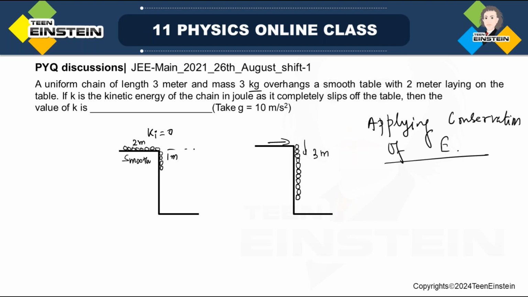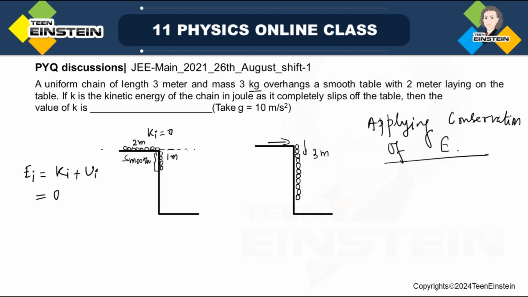If I say this is the reference level, I have total initial energy, let us say E_i, so I have to write K_i plus U_i, the potential energy. K_i, as I said, is 0 because it was not in motion.